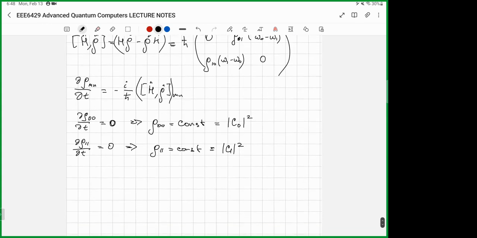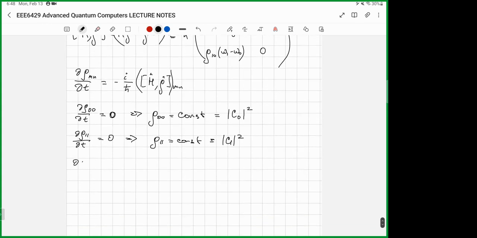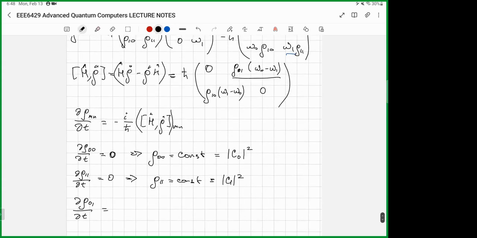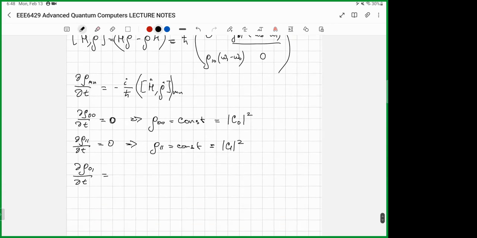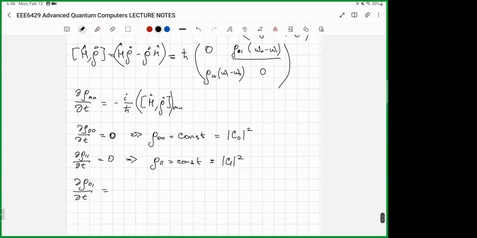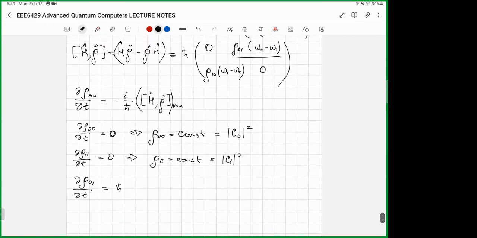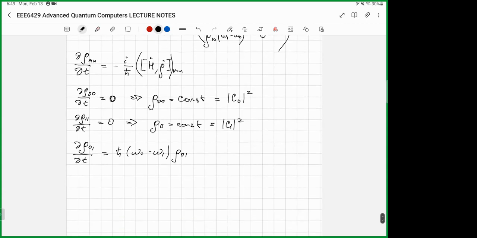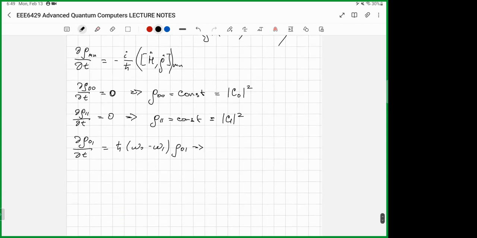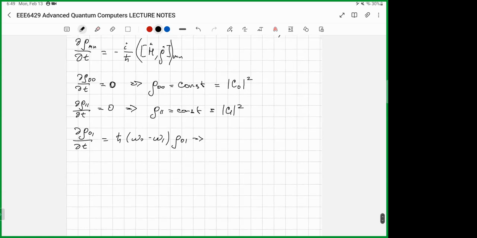And for the off-diagonal elements, I'll get d rho 0 1 over dt, and I get this coefficient here: H bar, then omega 0 minus omega 1, and rho 0 1. This is a differential equation that can be easily integrated, right?